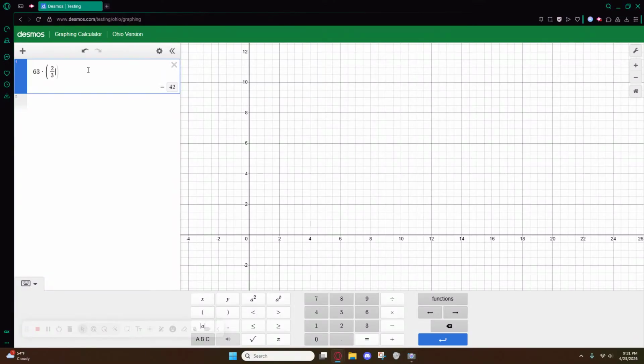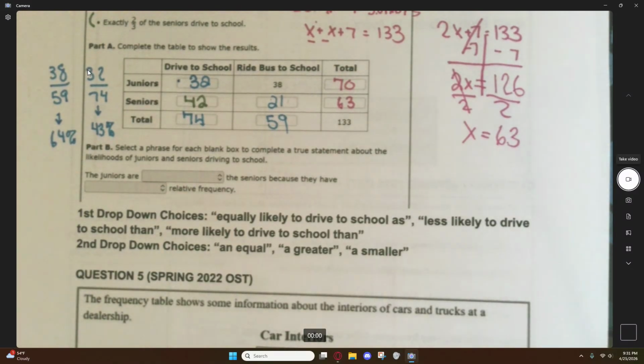32 divided by 74 is 0.43 or 43%. And 38 out of 59 is 64.4 or 64%. So are juniors or seniors more likely to drive to school?